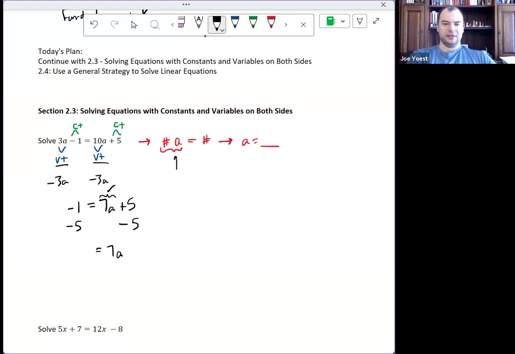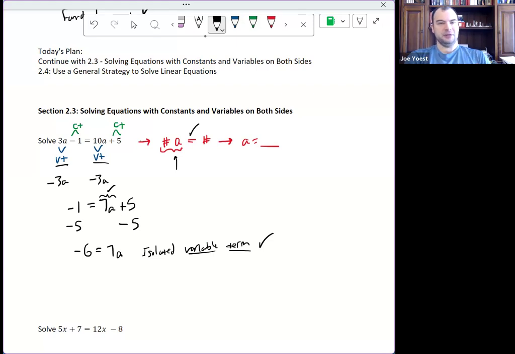Be a little careful with the direction of the subtraction and so on, but that is negative 6. I've now successfully isolated the variable term. I've got number times a equals number.